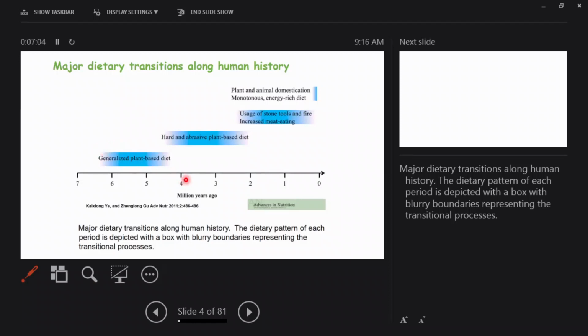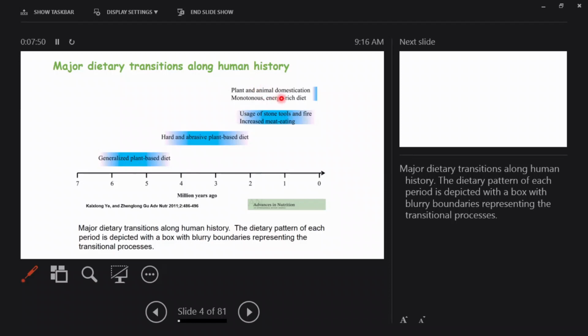So generally, they ate a plant-based diet, and then from 4 million years ago up to 2 million years ago, a hard and aggressive plant-based diet. From 2 million years ago, they started to adapt to the different environment and the type of food that they could access. They started to have a mixed diet containing plant and animal, because of plant and animal domestication, a monotonous and energy-rich diet.